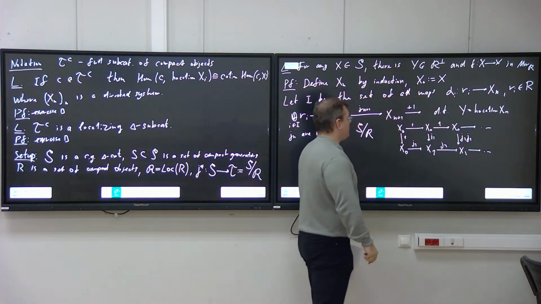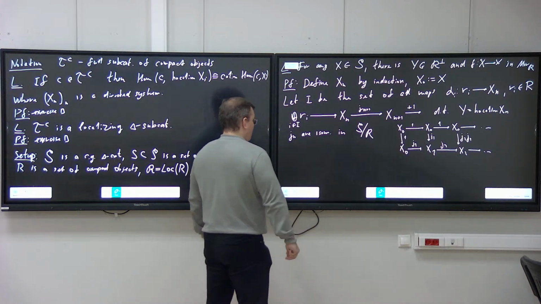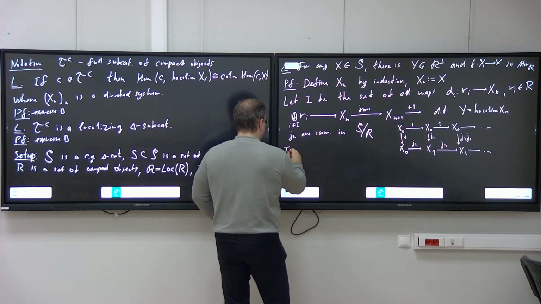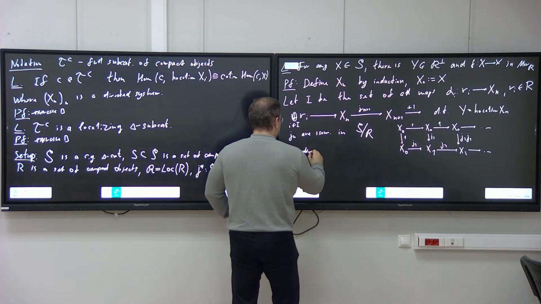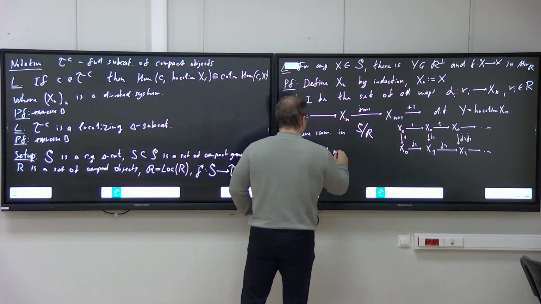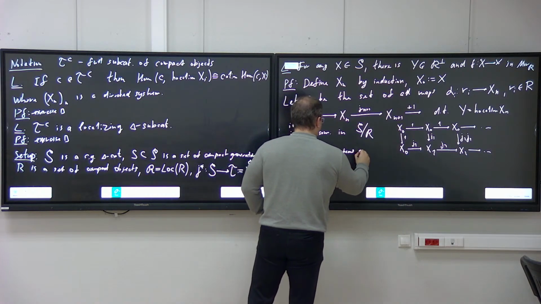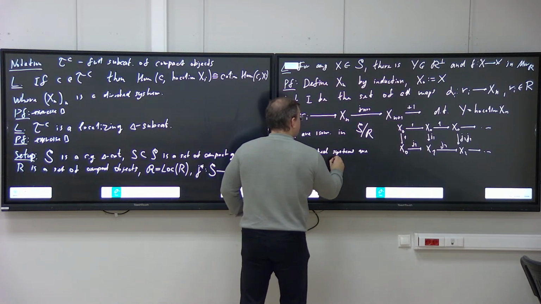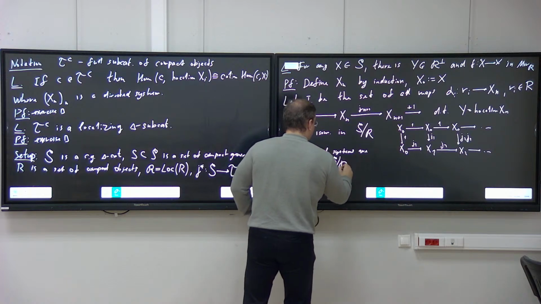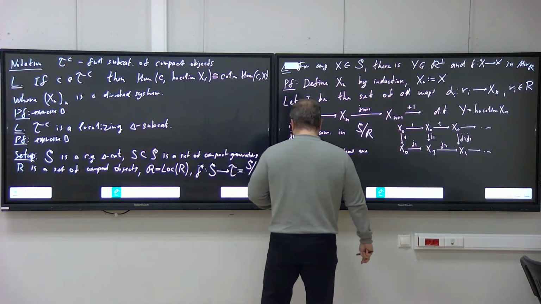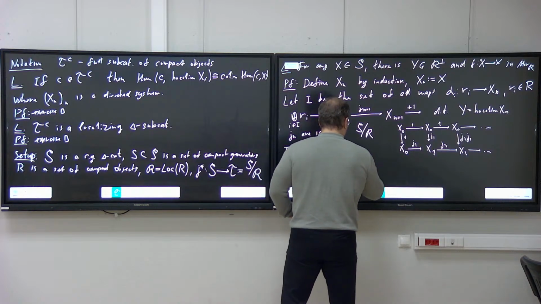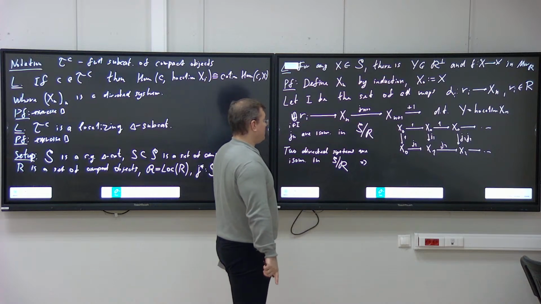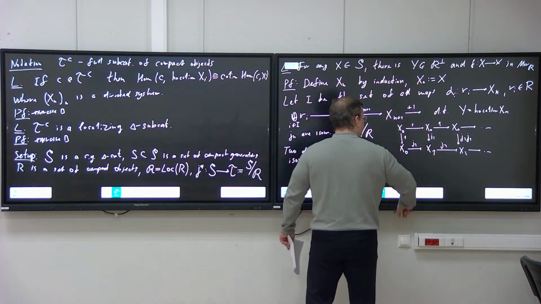So we can continue like this. So these two directed systems are isomorphic in the S modulo R. Hence, the conclusion is, well, of course, the homotopical limit of the first directed system is x0, the homotopical limit of the second is y.